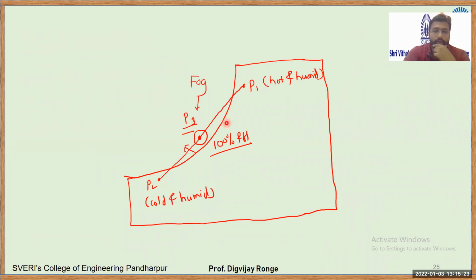Then we have seen the condition of fog formation. Nowadays in winter season, we see fog, and in cities like Delhi, the fog is a very serious issue. It causes an immense amount of air pollution. So what is happening in that case? We have one stream which is very hot and humid, and we have another stream which is very cold and less humid.